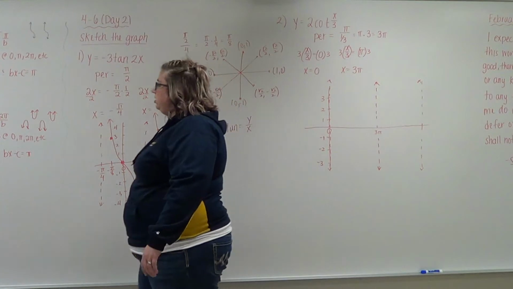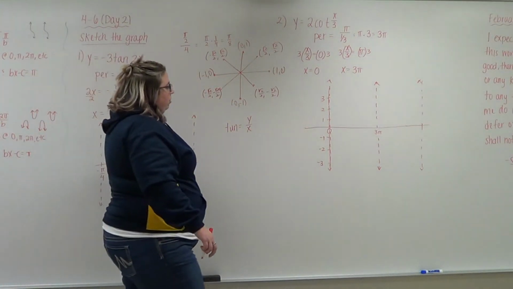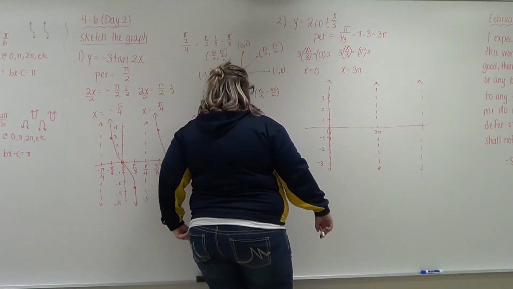Okay, so if a period is 3 pi, and I need 2 periods, where would my second period end? It will end at 6 pi.